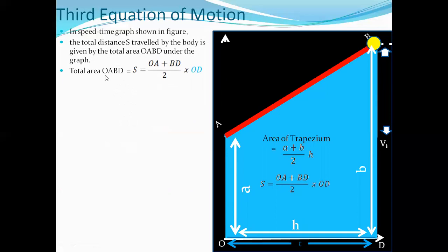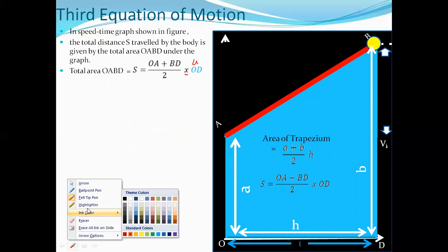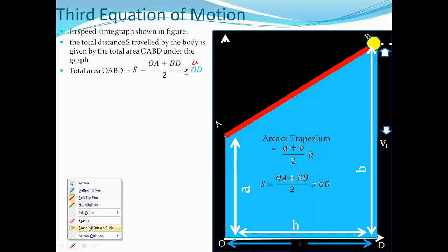So the total area of OABD is equal to the total distance traveled by that body, which is equal to OA, which is this part, and BD, which is this line, divided by 2, multiplied by OD, that means the height of that trapezium, which is represented by H. Now in this case, we are going to represent the equation of motion.